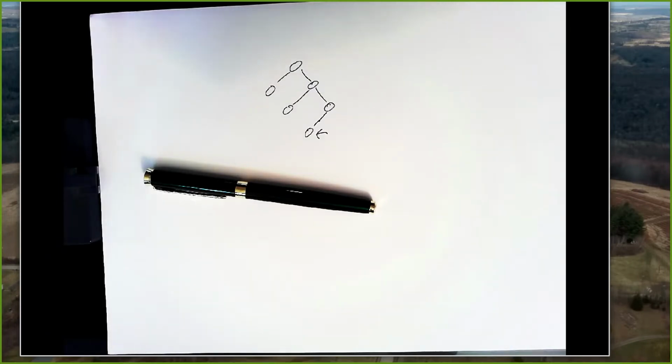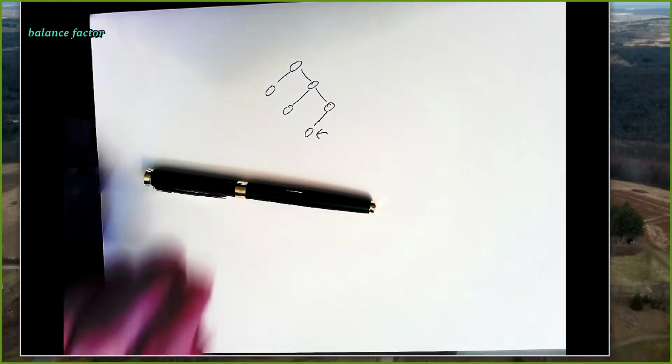So we've used this recursive definition of balance: left is balanced, right is balanced, heights are within 1. But I'm going to describe a different way to measure the balance of a tree, using something called a balance factor.